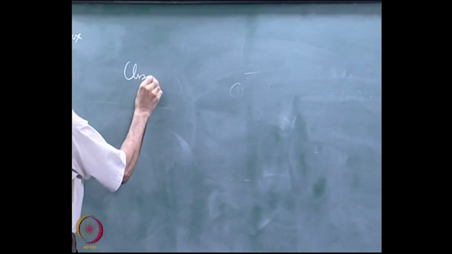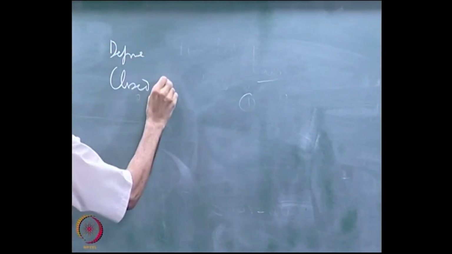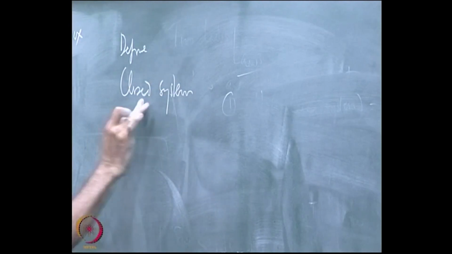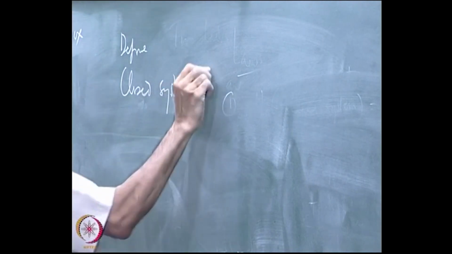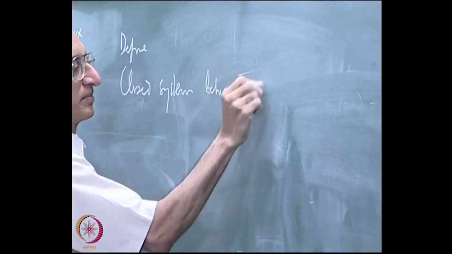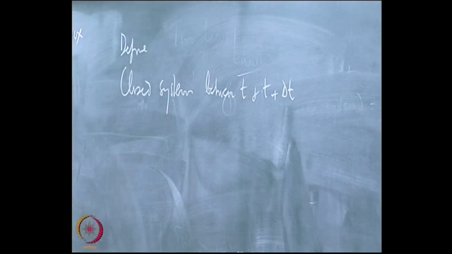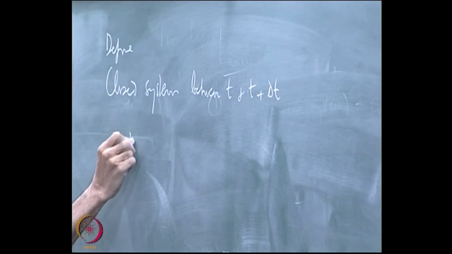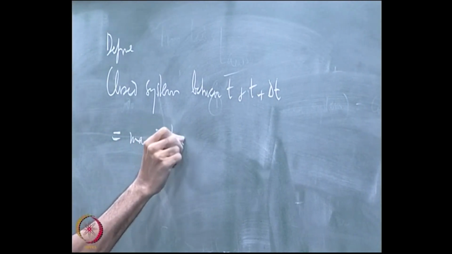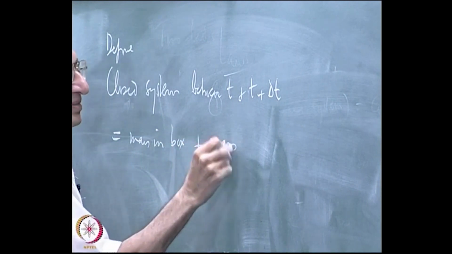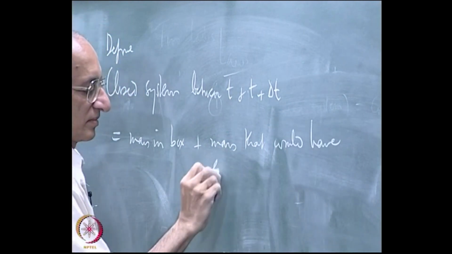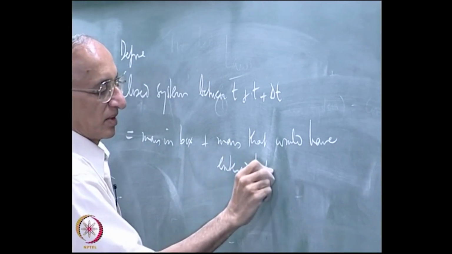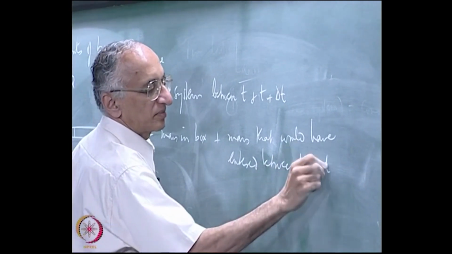So I am going to define a closed system. A closed system does not exchange mass with the surroundings. I need a closed system only between t and t plus delta t, some small interval of time. This is equal to mass in box plus mass that would have entered between t and t plus delta t.